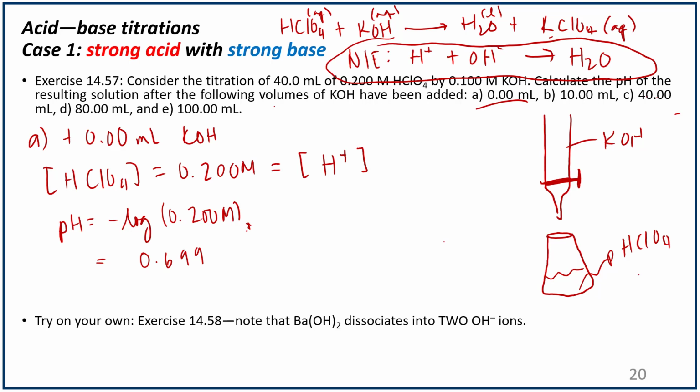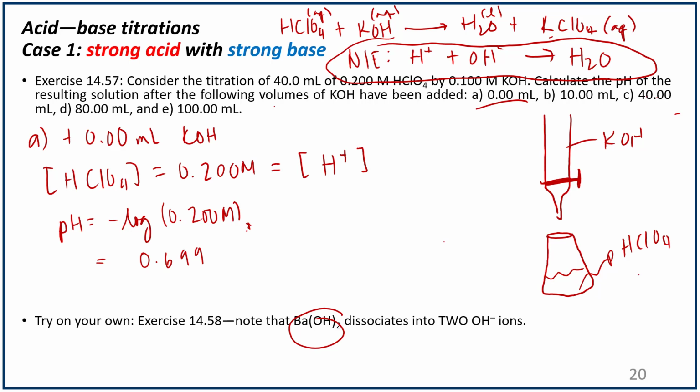Now, why am I using the net ionic equation instead of this one on top, which is the molecular equation? So right now, the relationship between perchloric acid and potassium hydroxide is 1 to 1, meaning 1 mole of perchloric acid will react with 1 mole of potassium hydroxide. But if you have, for example, a dibasic strong base, for lack of a better word, with 2 hydroxide ions, remember that whatever the concentration is of that base, let's say barium hydroxide, the concentration of hydroxide ions should be 2 times the concentration of barium hydroxide.